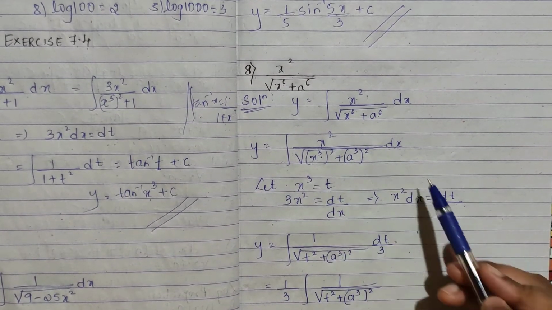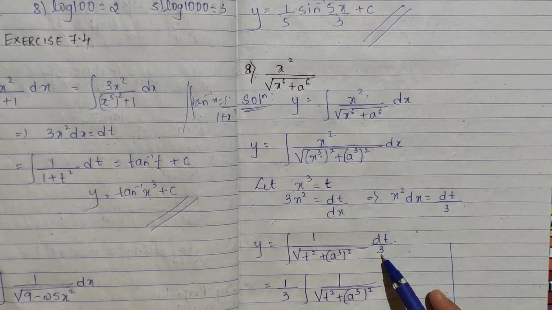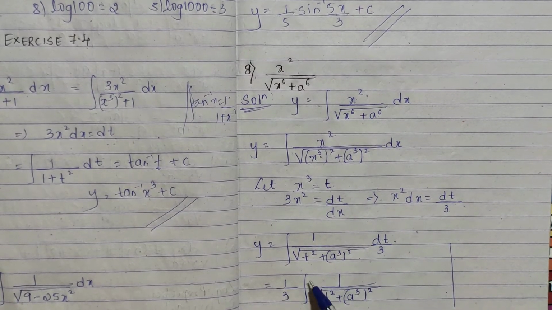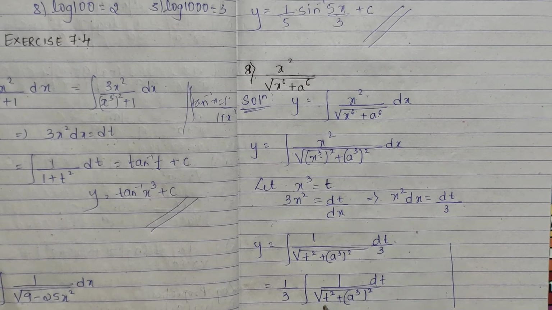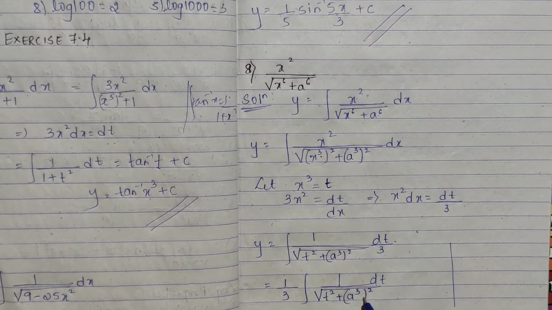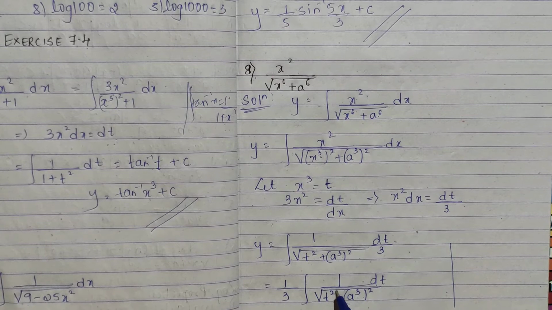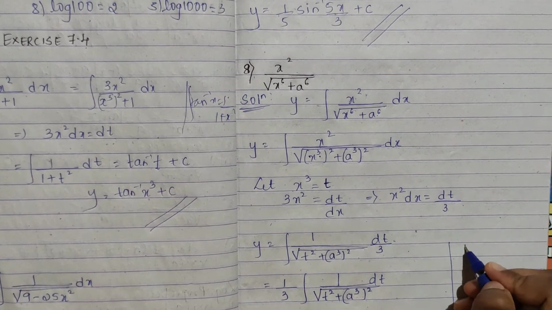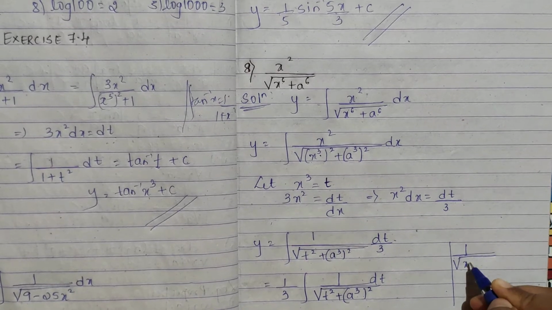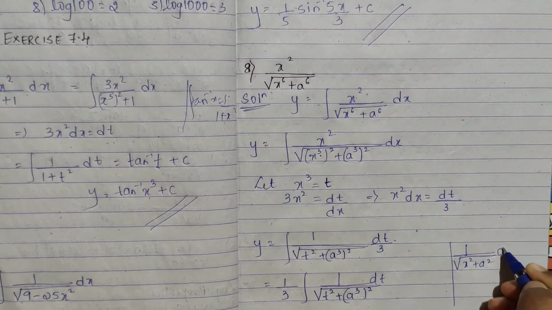Your x square dx is taken as dt by 3, so 1 by 3 take it outside, I'll be left with dt divided by root of t square plus a cube whole square. So if you can see, you are getting t square plus a square, meaning x square plus a square, of your dx.